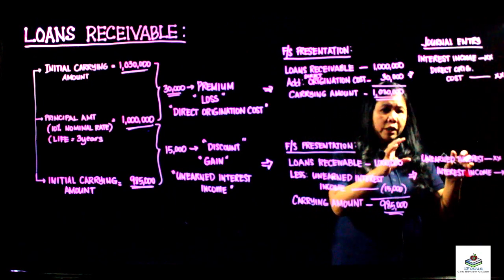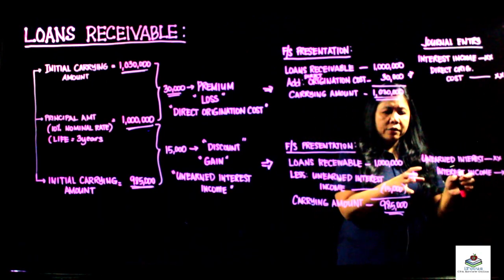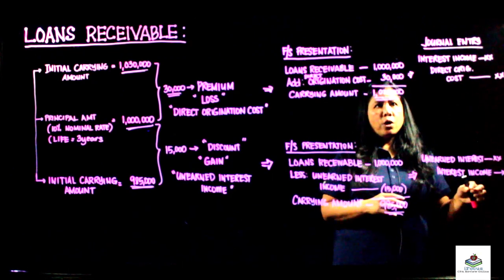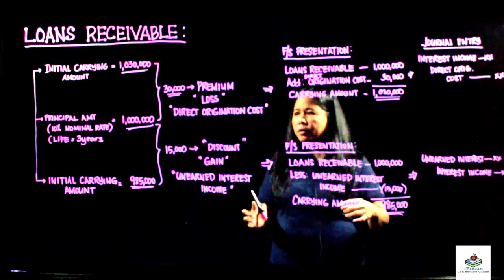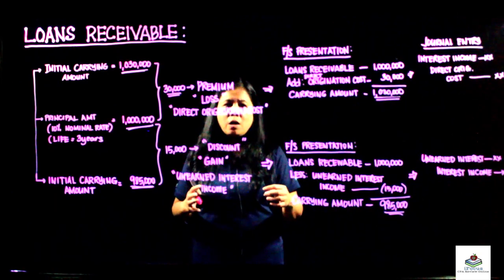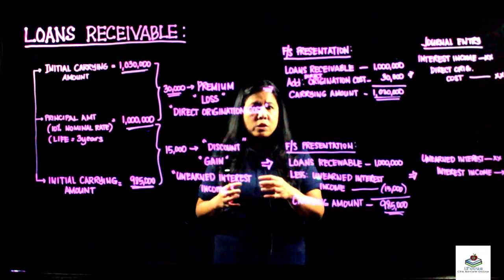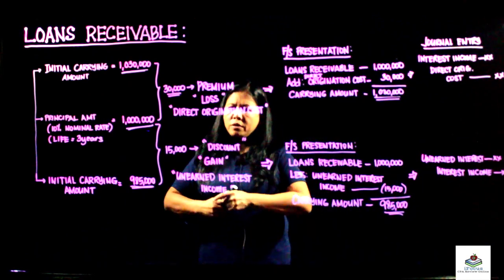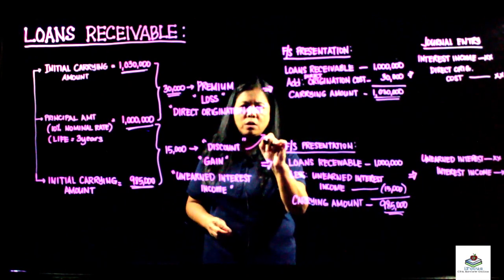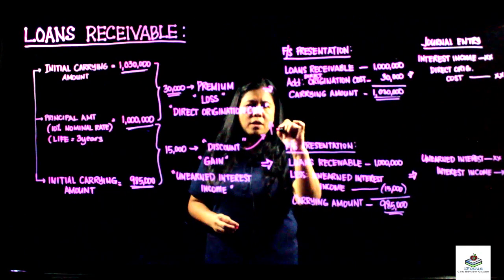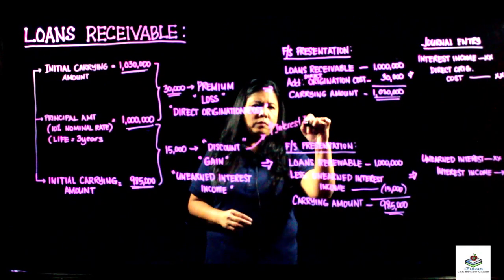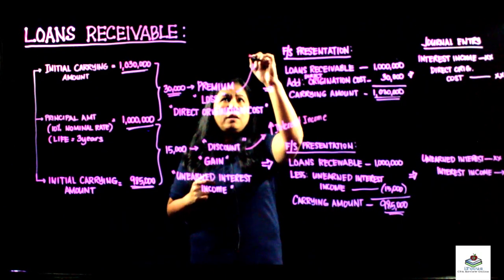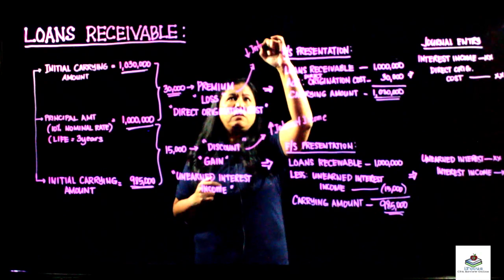We debit unearned interest income and we credit interest income. So you see, on the unearned interest income, the amortization of this will increase our interest income. So on this discount, it increases the interest income, while the premium decreases the interest income.